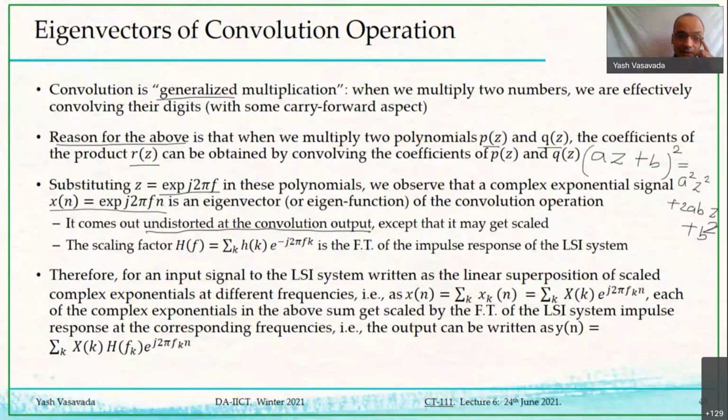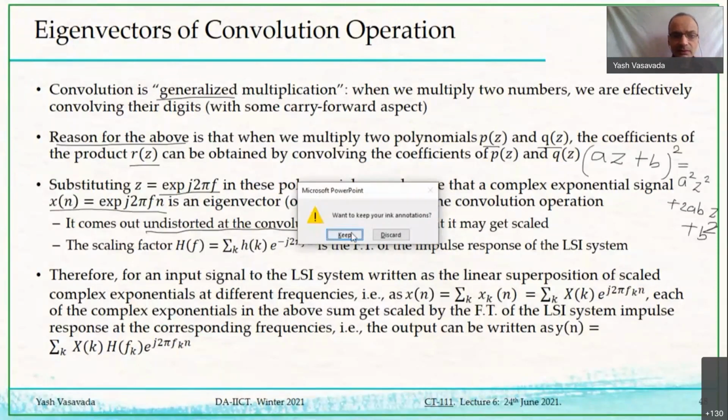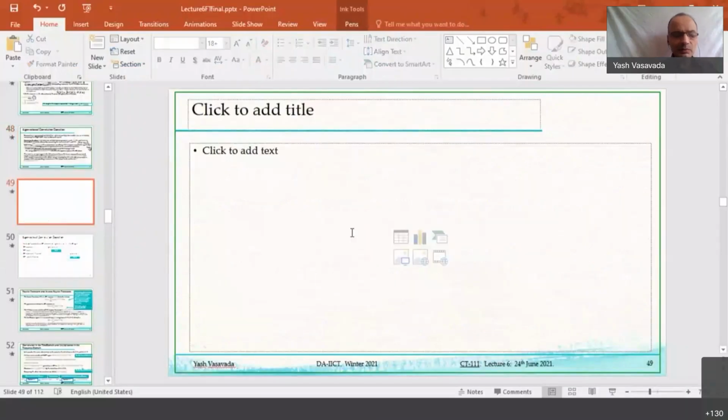The reason why it is called an eigenvector or eigenfunction is because in linear algebra there is actually a property. I'll just write here.